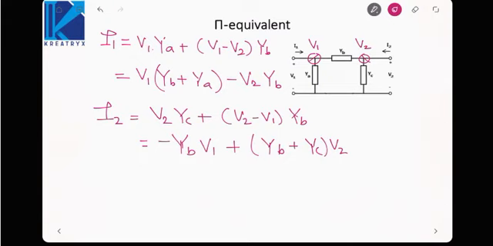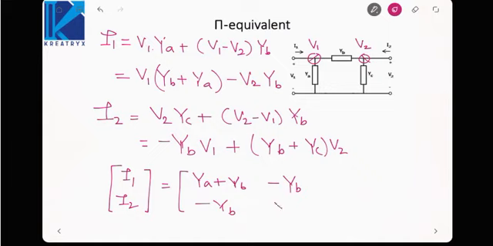So we can express these parameters in matrix form as I1, I2 equal to the matrix [YA plus YB, minus YB; minus YB, YB plus YC] times V1, V2. As you can see, the off-diagonal elements are equal, that is Y21 equals Y12, which is minus YB.